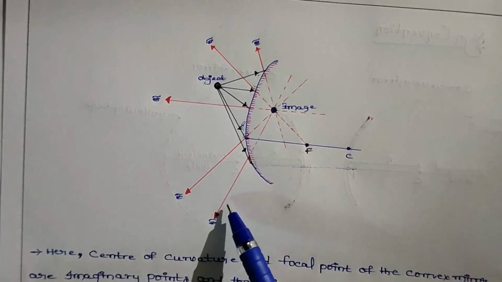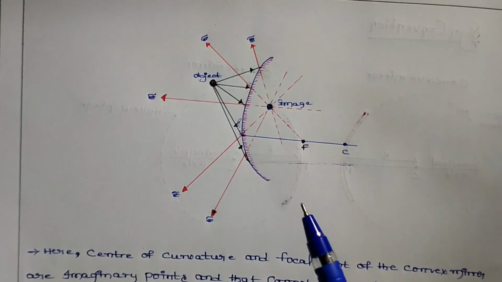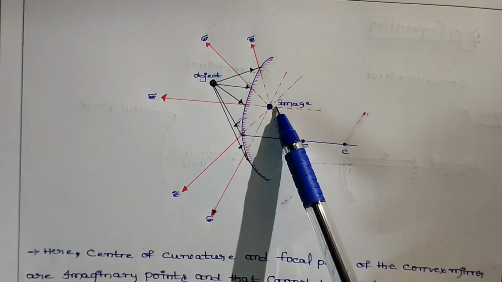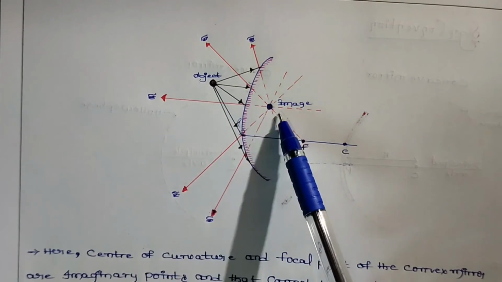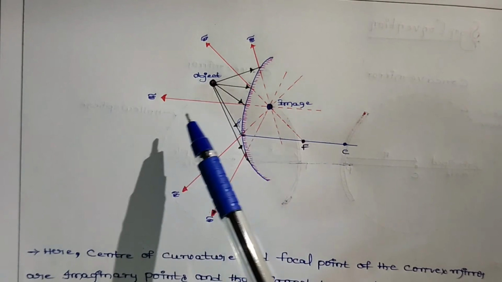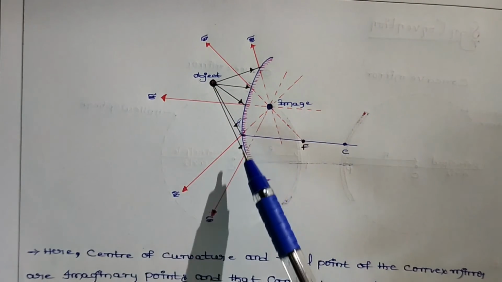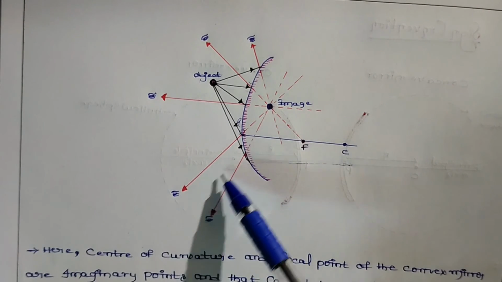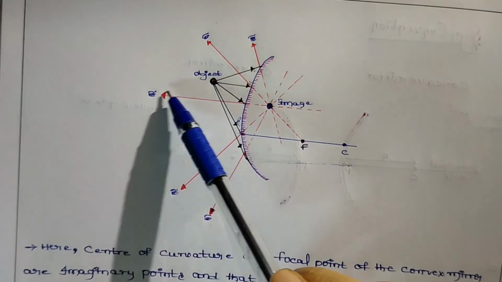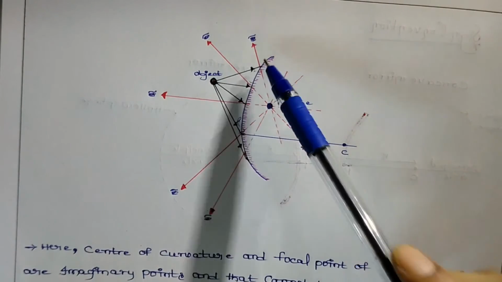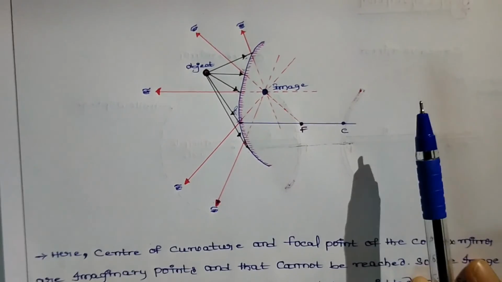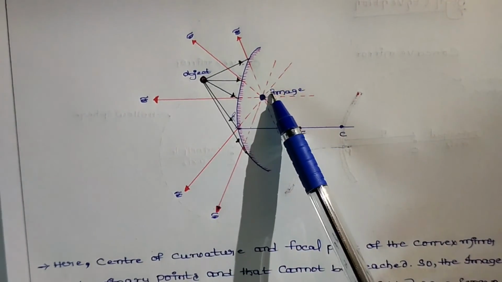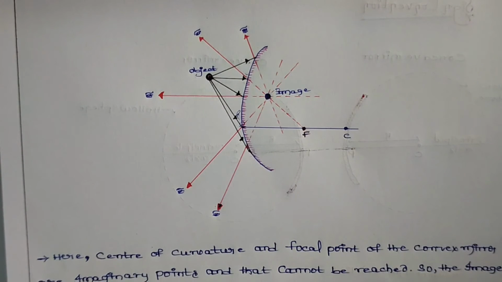Each observer must sight along the line of the reflected ray to view the image of the object. Here the image is formed. This is a virtual image.